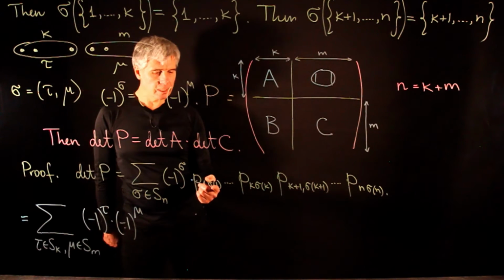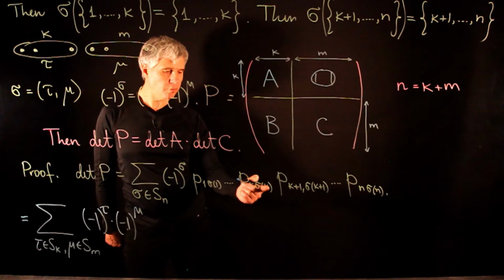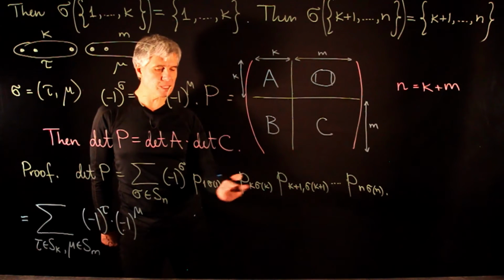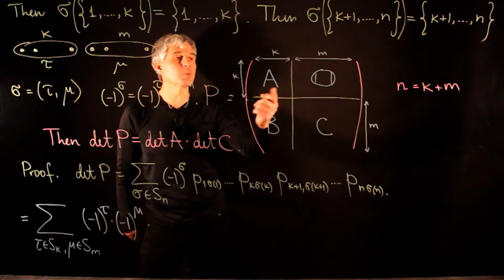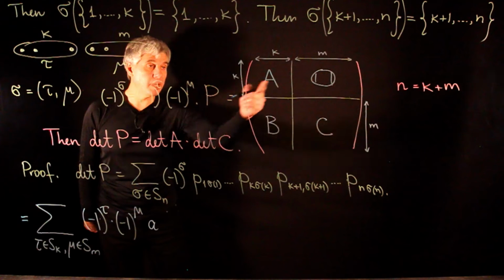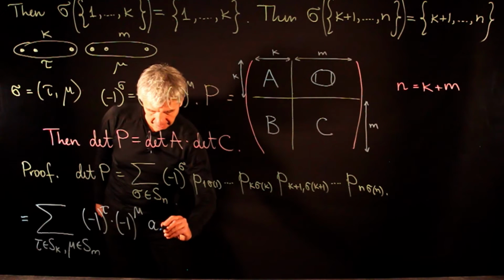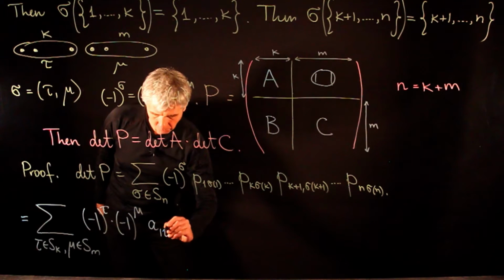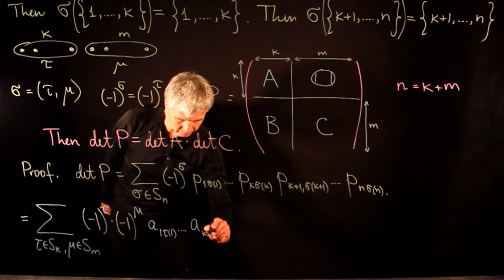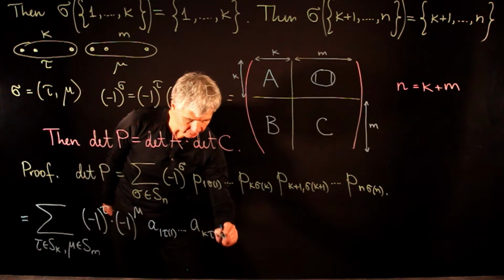Now, here sigma of 1 through sigma of k, all these indices will be less than or equal to k. So these entries are taken from this block, and this can be written in terms of matrix A. So here we will have A_{1,tau(1)} ... A_{k,tau(k)}.